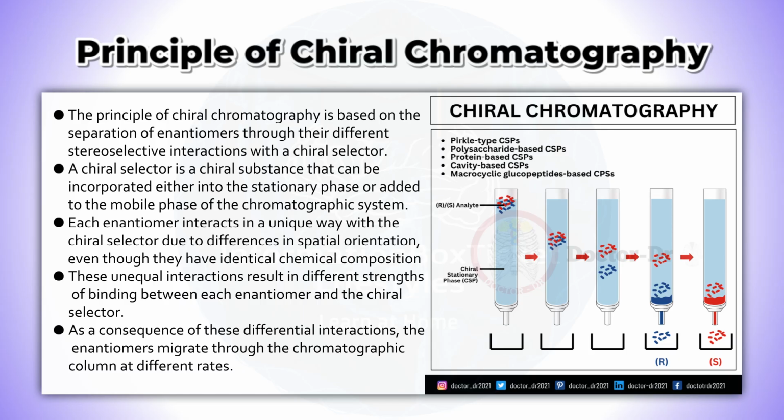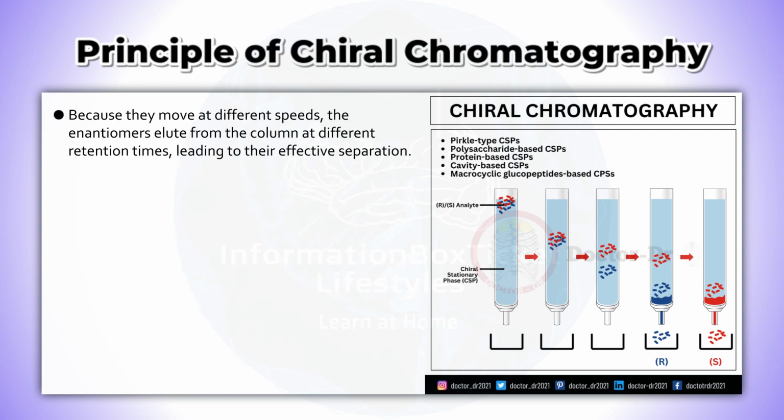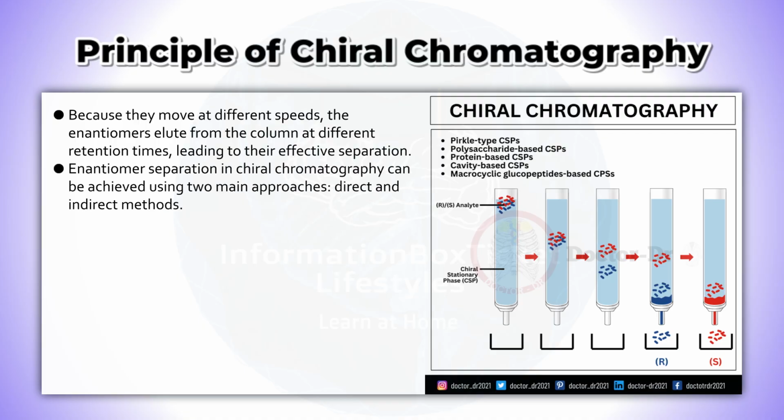As a consequence of these differential interactions, the enantiomers migrate through the chromatographic column at different rates. Because they move at different speeds, the enantiomers elute from the column at different retention times, leading to their effective separation.